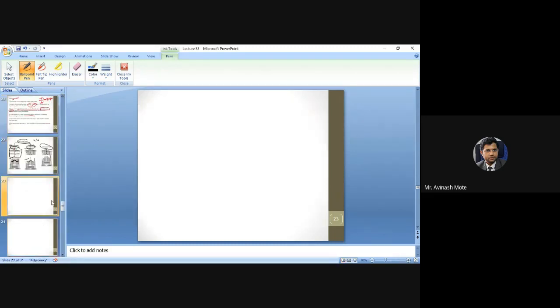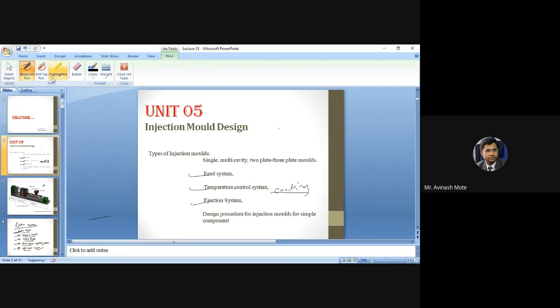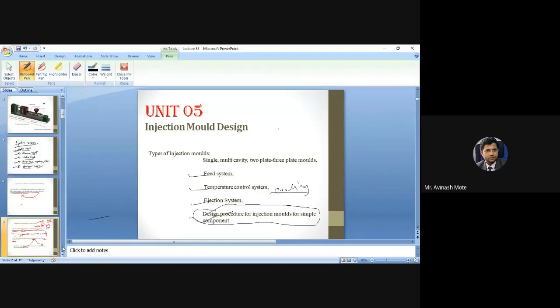Now today, the next point, which is the last point, is the numerical, or the design procedure for this injection mold of a simple component. Getting it? Today possibly we'll go for the formulation required for the design of the injection mold for a simple component, and if we get the time, we'll start the numerical, or else we'll see it in the next lecture.